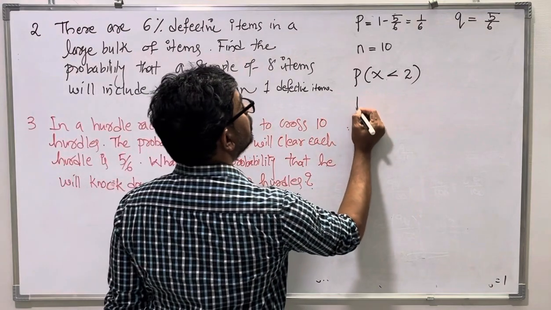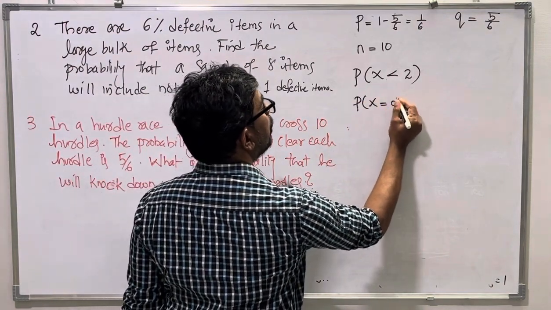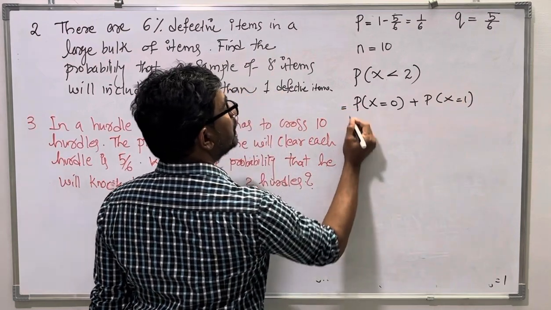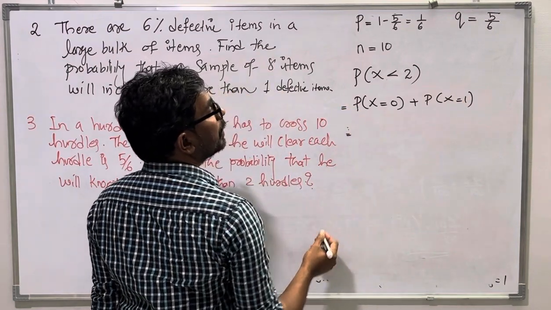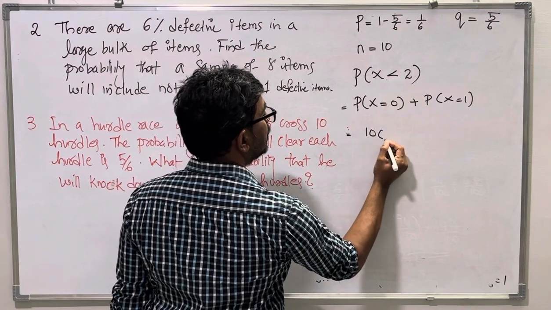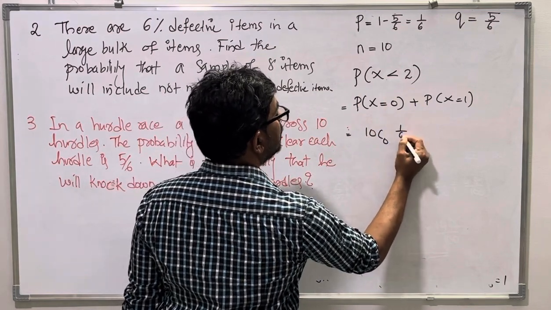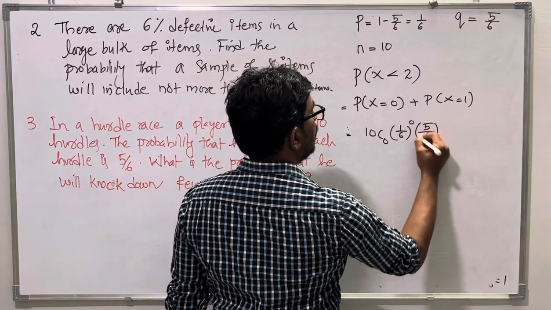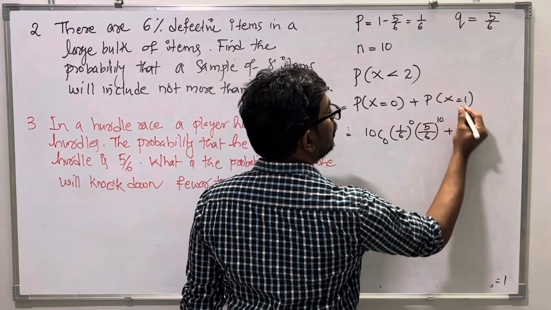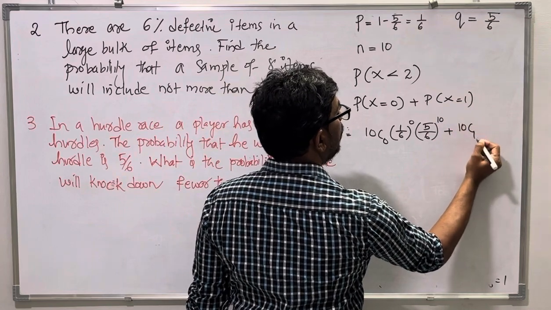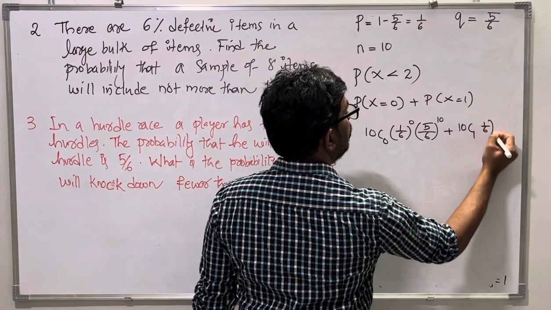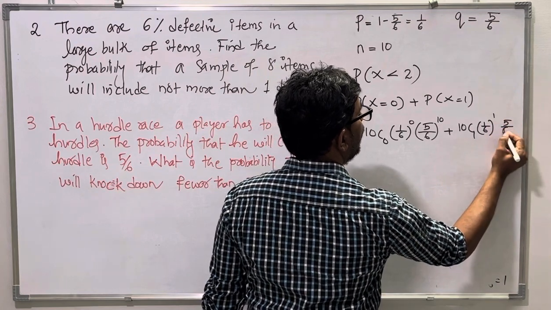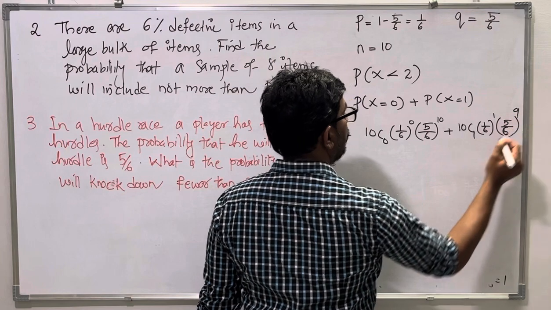That means this is probability of x equal to 0 plus probability of x equal to 1. So in this situation, x equal to 0 means n is 10: 10C0, success 1 by 6 to the power 0 and 5 by 6 to the power 10 minus 0, that is 10, plus, now for 1, 10C1, 1 by 6 to the power 1 and 5 by 6 to the power 9, that is 10 minus 1.